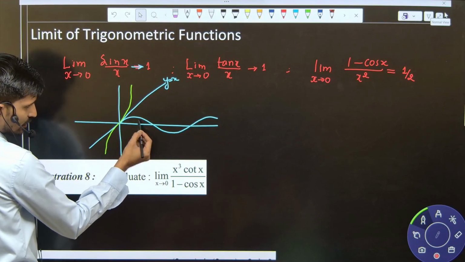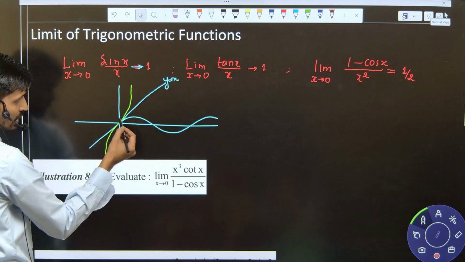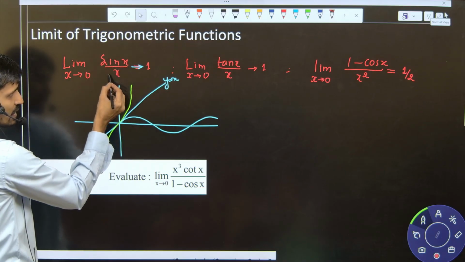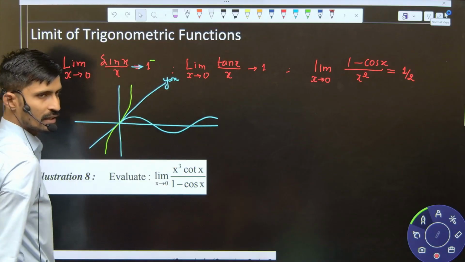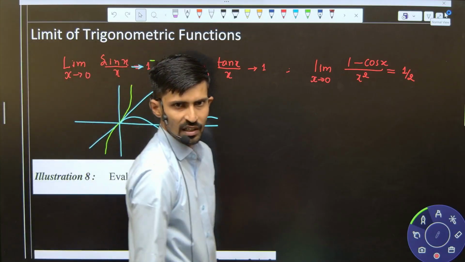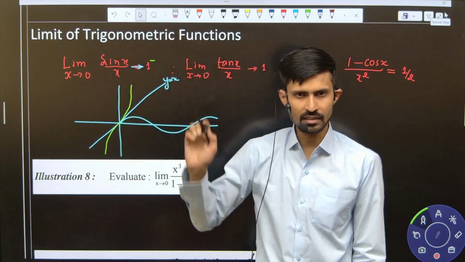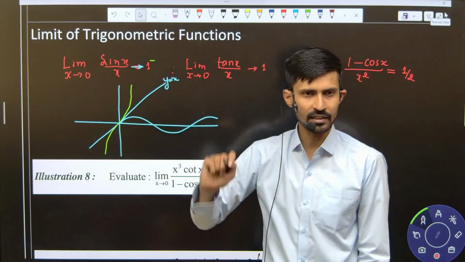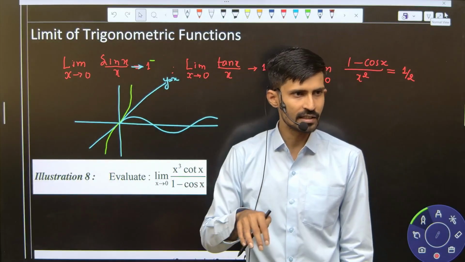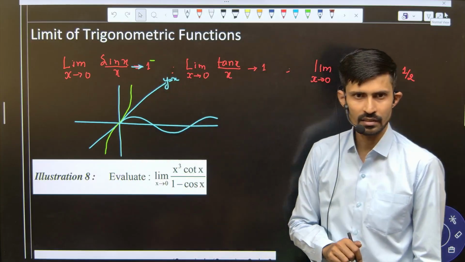The sine graph is below the y equals to x graph. It means the sin x value will be less than the x value. So this is going to be 1 minus. The value of sin x will be less than x. It means the denominator is greater than the numerator. The value will be less than 1. This will become 1 minus.